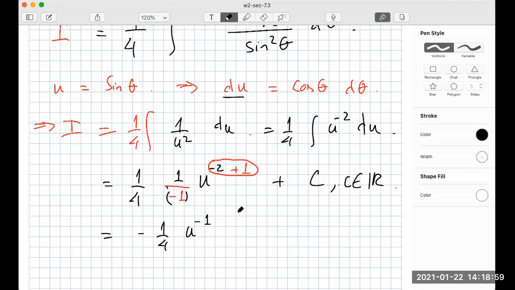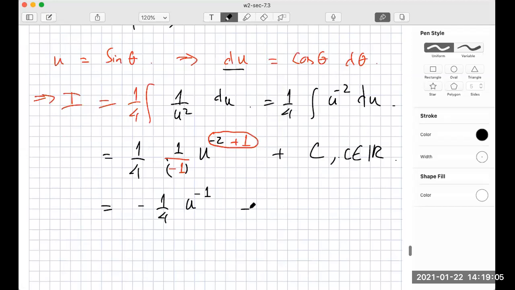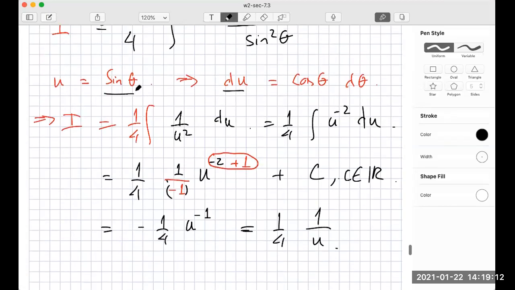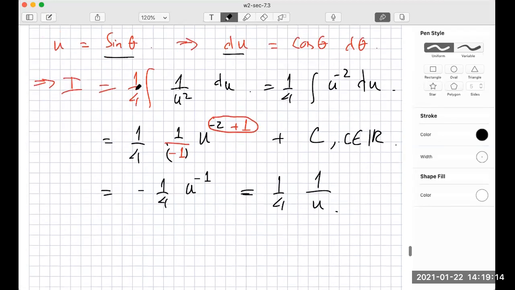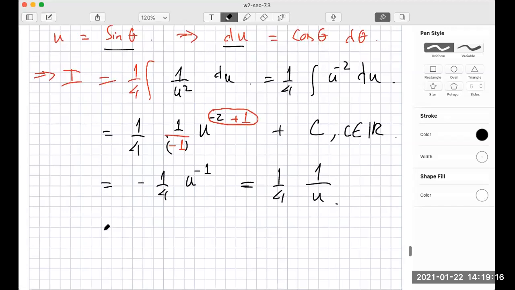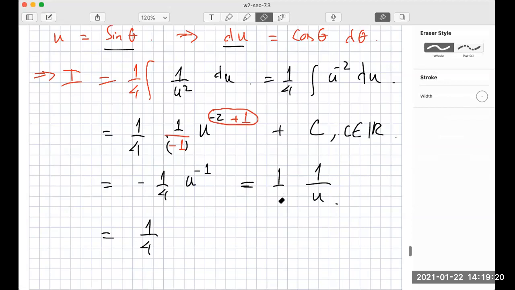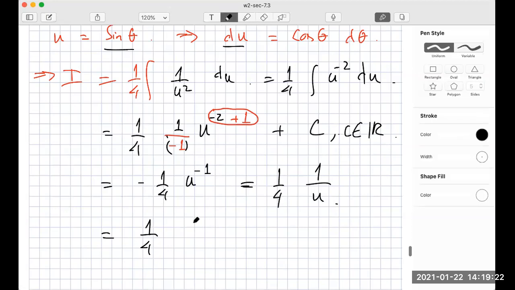And so we found it in terms of u, right? Or you can write it 1/4 of 1/u, and u is sine theta, right? We just defined above. Therefore, we need to replace it by 1/4 times 1/sine theta plus c, right?